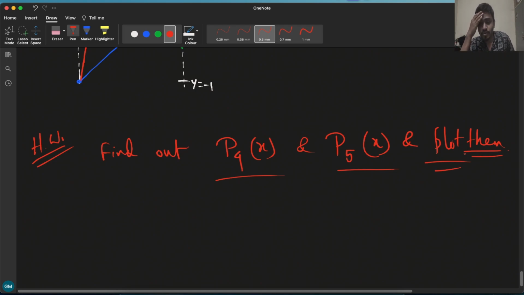Those will be the Rodrigues formula and the generating function. After that I will talk about orthogonality, orthonormality, and all other properties of these Legendre polynomials. So that's all for today. Bye.